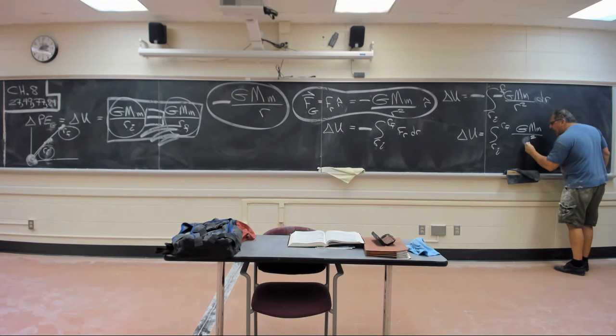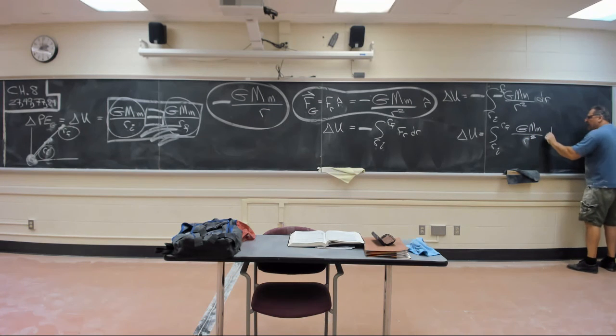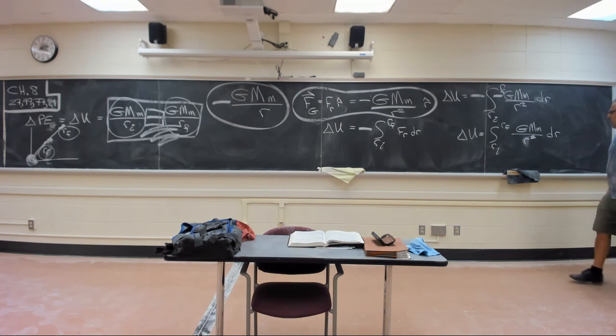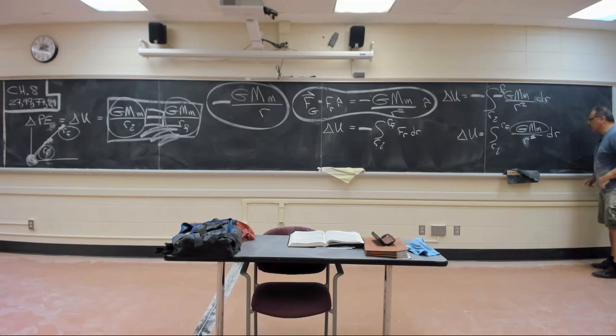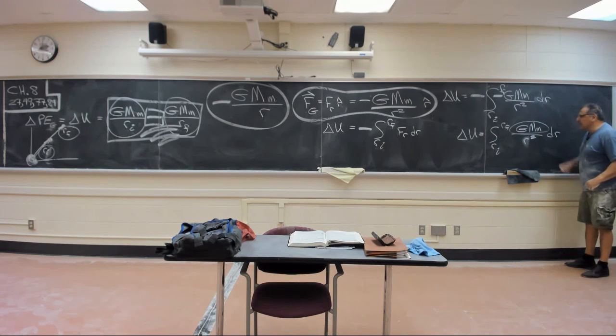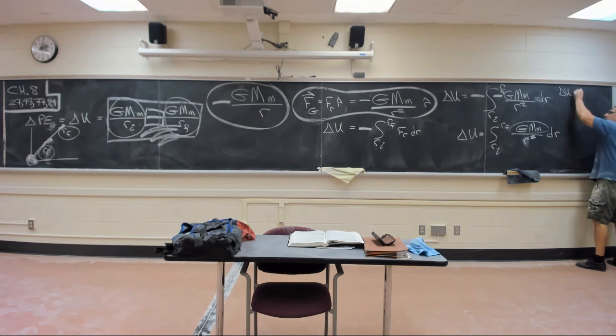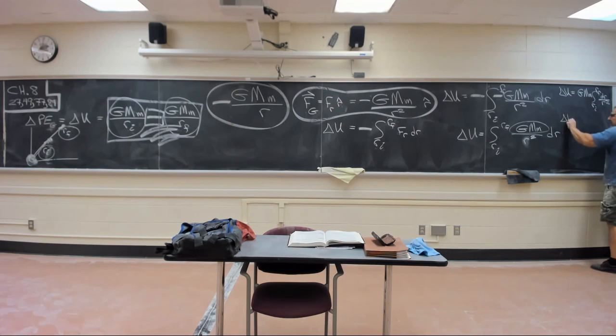I frequently, when I've taught it, I've kind of gone right to here and then gone for it. These are constants for a given circumstance. So you've got, what is that?